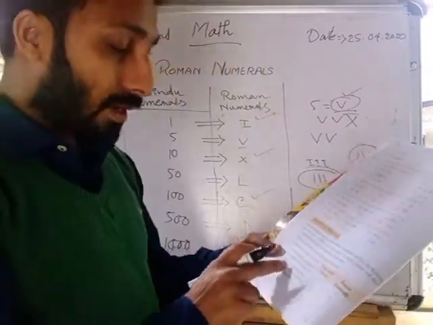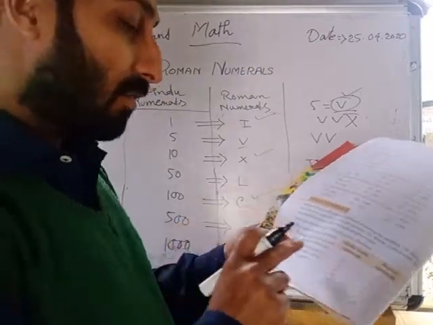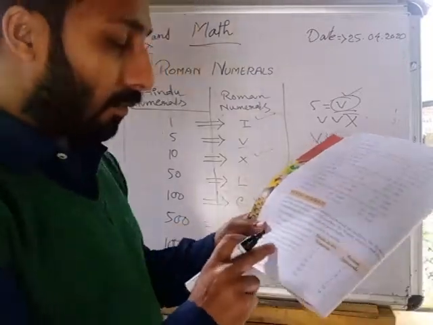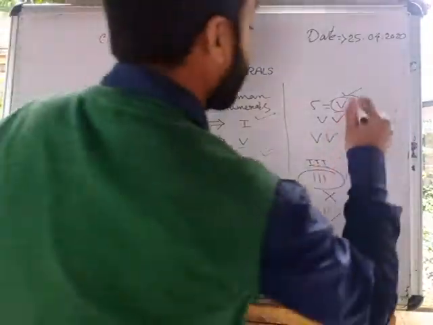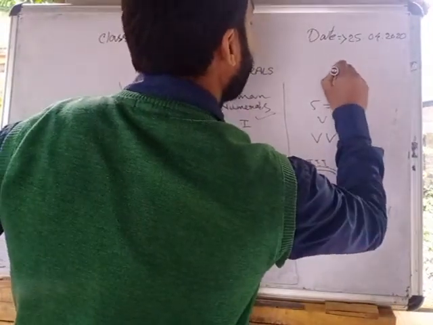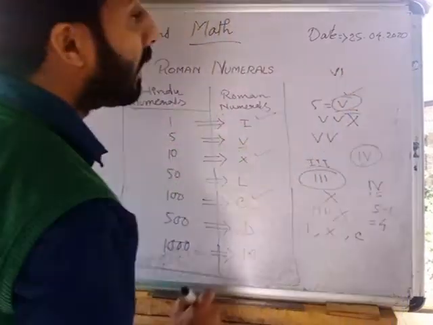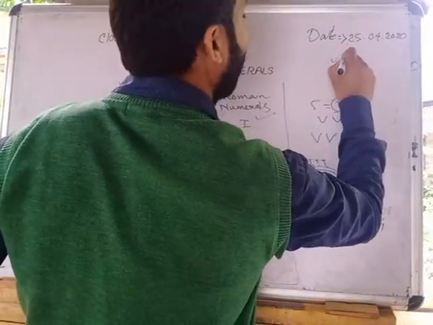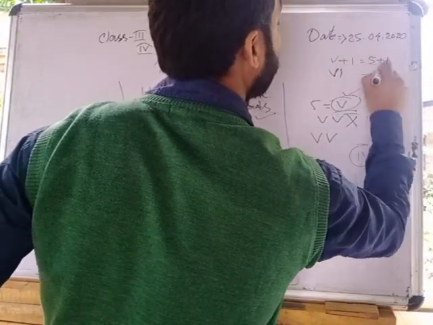After that, when a smaller numeral is placed on the right of the greater, then add the smaller one to the greater one. That means if we write it just on the right side, it is plus: 5 plus 1 is 6.